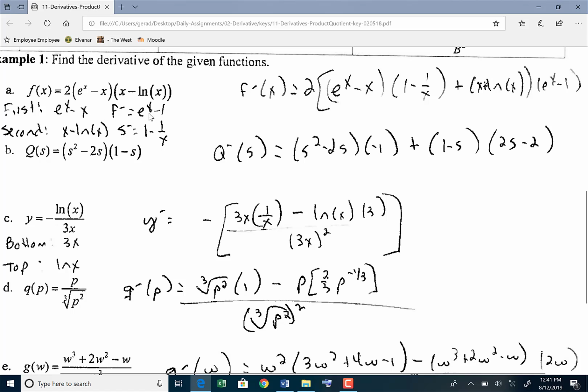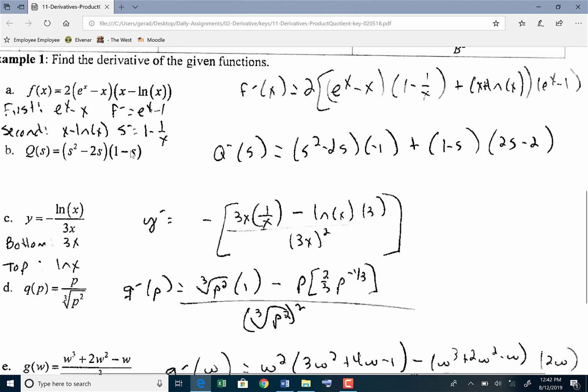The special rules we learned the other day: derivative of e to the x is e to the x. What's the derivative of minus x? Well, the exponent is 1, so the coefficient is also 1. So just minus 1. It doesn't have the power rule in there. Second function, x minus natural log of x. Again, the derivative of x is just 1.